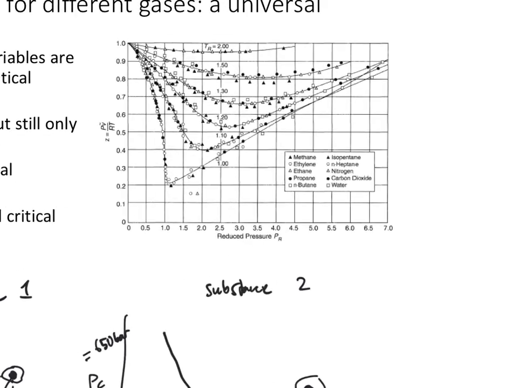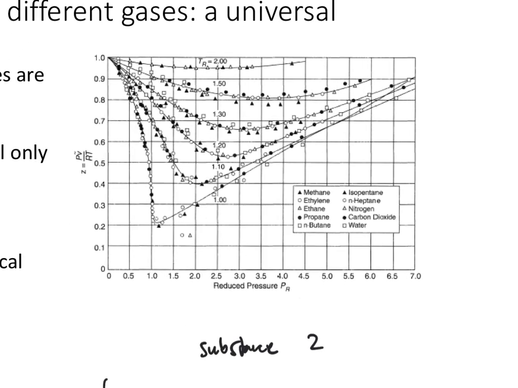And so let's take a look at this plot right here. I think this will help you understand what I'm trying to say here. On this axis, I've got that reduced pressure that I calculated for a number of different gases. For each one of these, whoever made this plot took the pressure of the system, divided by the critical pressure, and then began plotting that PR right here on the x-axis and put the compression factor on the y-axis.